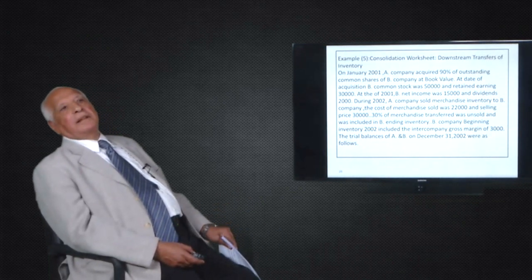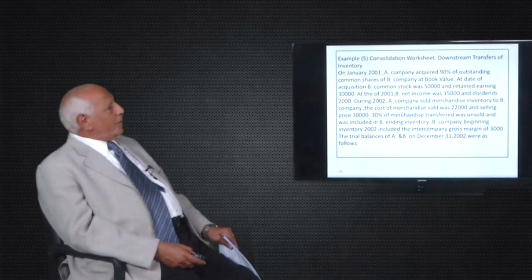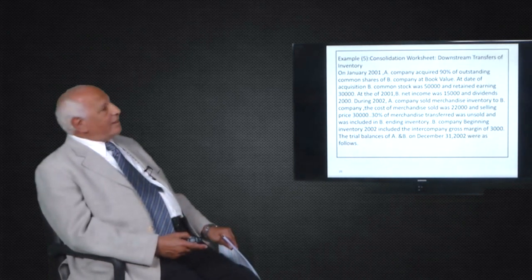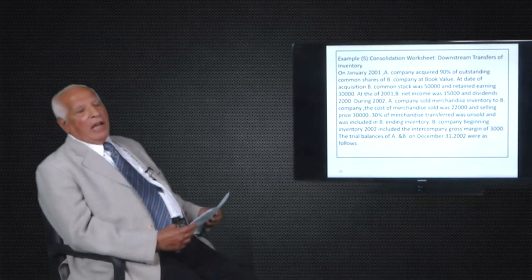After you understand example 5, go to example 6. So 5 and 6 are similar. What's 5? That's a downstream sale, but we have a worksheet. And example 6 is upstream. We have a worksheet. That means 2 examples. I'm going to show you one by one how to do this, okay?